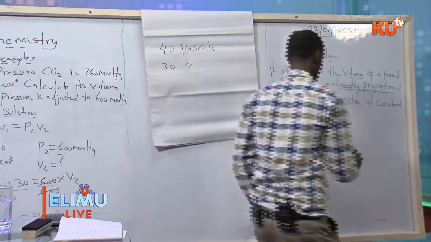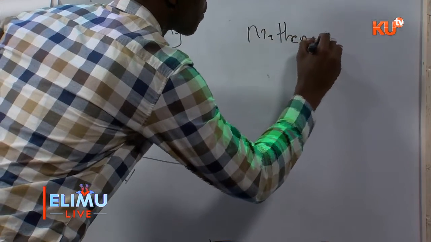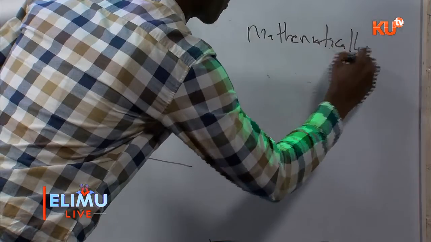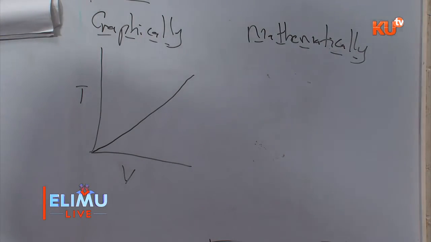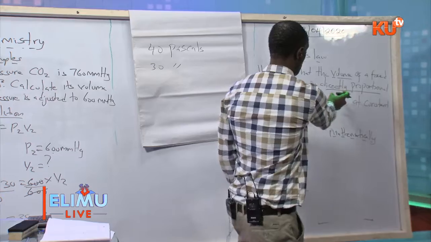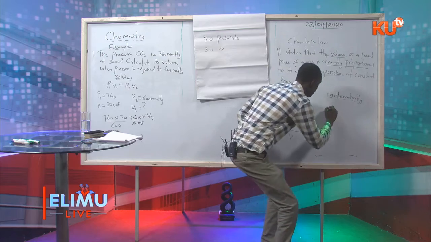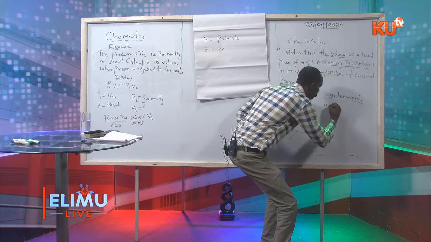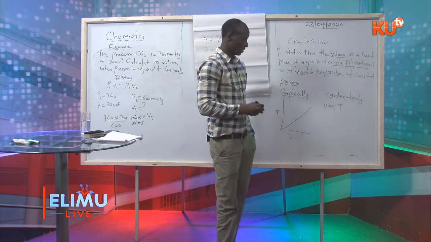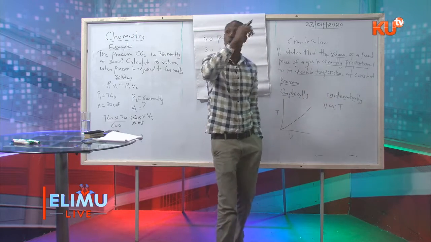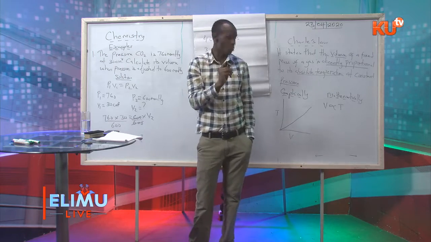Let's see mathematically how we can represent it. Mathematically, we use the symbol alpha to represent proportional. So we say V is proportional to T. They are directly proportional, so I don't say 1 over T. If I say 1 over T, it will be inversely proportional.